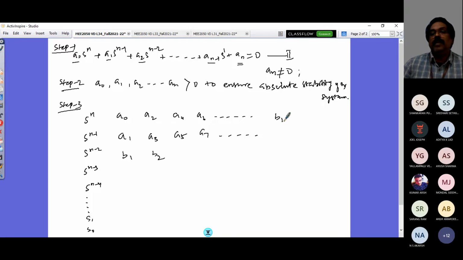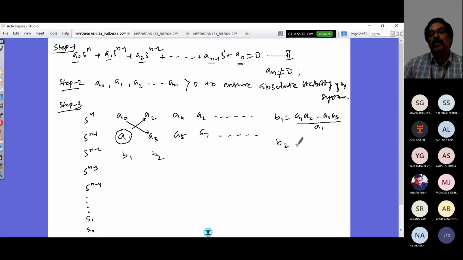B1 is obtained by doing this operation. B1 would be (A1 A2 minus A0 A3) divided by A1. So look at this operation to be carried out: A1 A2 minus A0 A3, divided by A1. This is what B1 is.